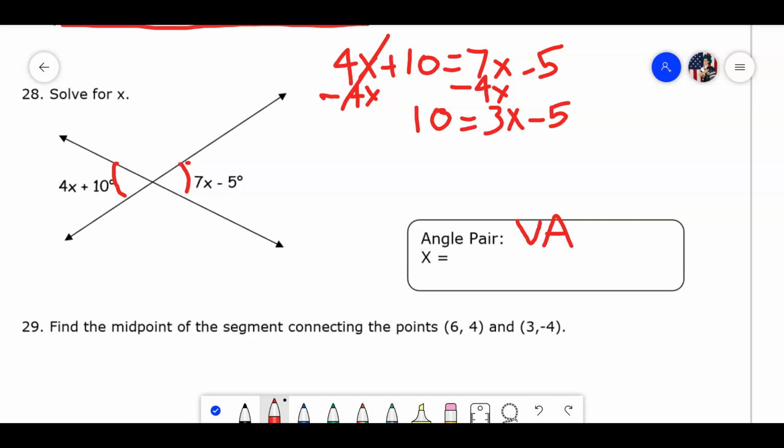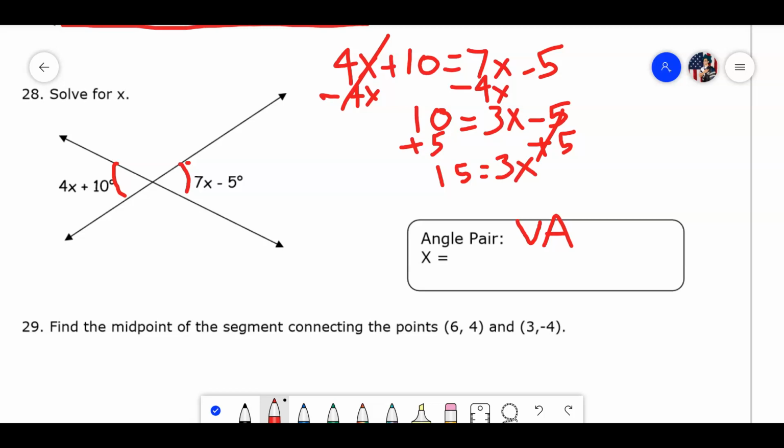Now to get on the right side, I have 3x minus 5. Remember, what do I get rid of first? The constant, or what I call the loner. And I do the opposite of it, and I do it to both sides. So the loner is minus 5 on the side with x. The opposite of minus 5 is plus 5. And if I do it on one side, I do it on the other side. So I get 15 equals 3x.